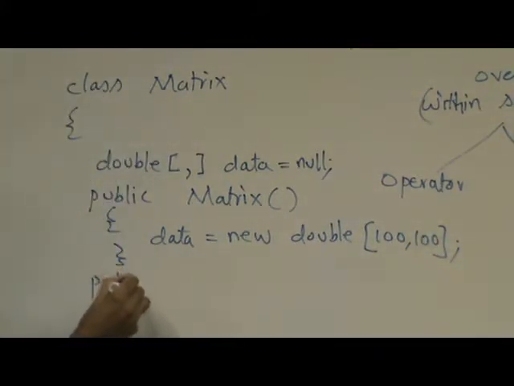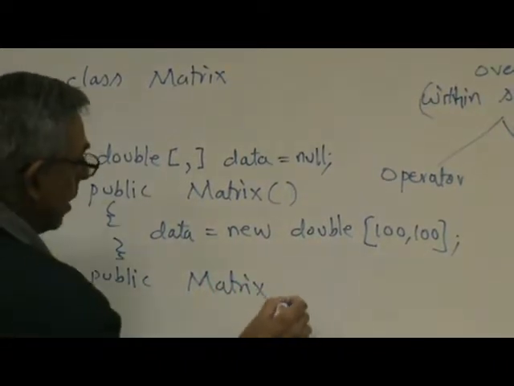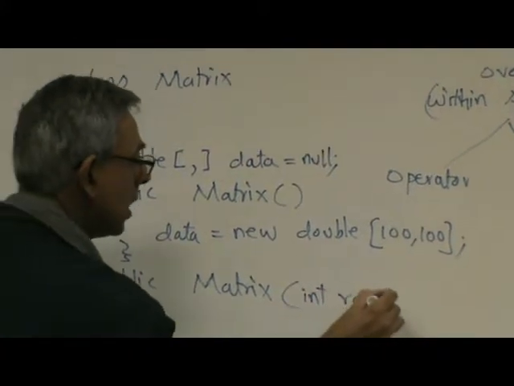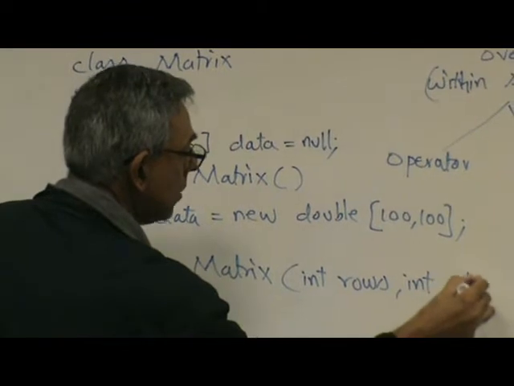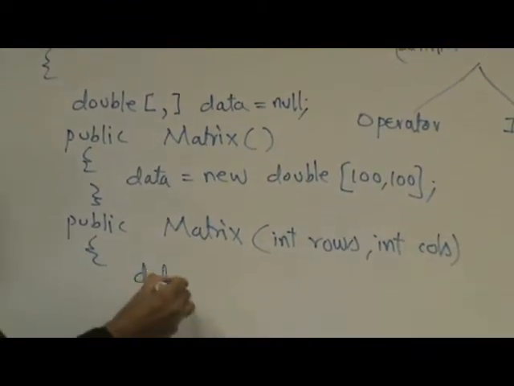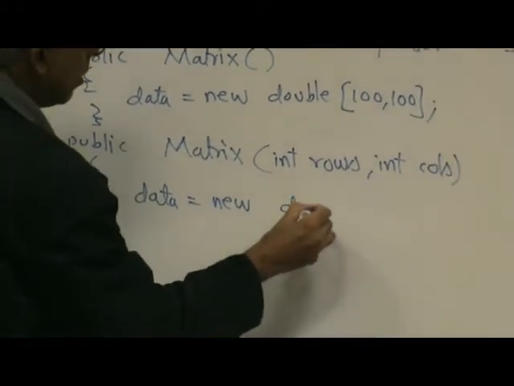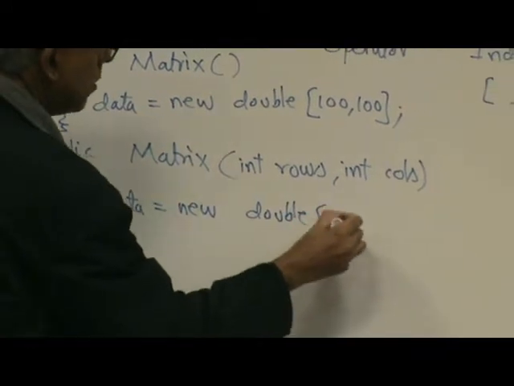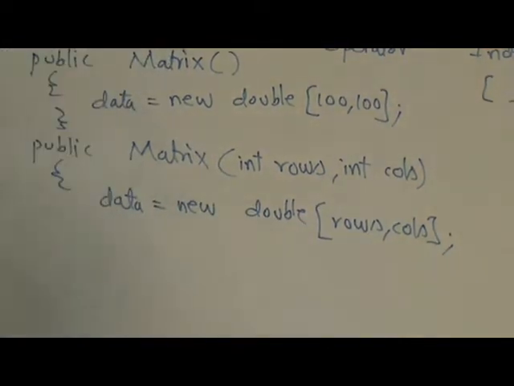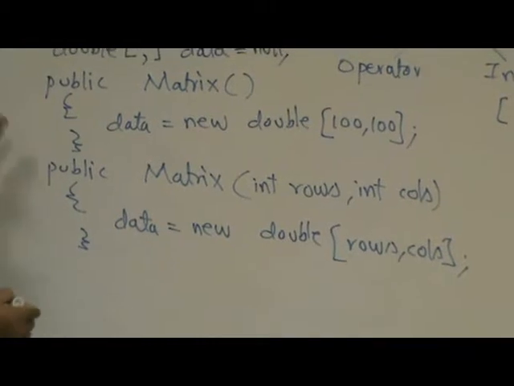But we can also provide a constructor. We can say int rows, int columns, okay? And we can say data equal to new double of rows, comma, columns, correct? Okay, so this would be one way of writing it, right?